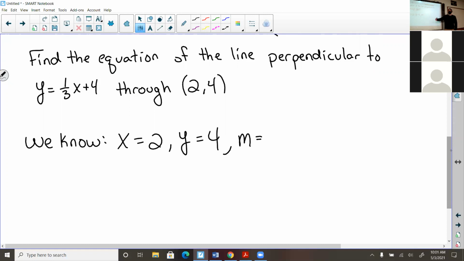So 1/3 was positive, so its opposite would be negative. And the reciprocal of 1/3, if we flip that fraction, would be 3/1, or just simply 3. So the perpendicular slope to the line y equals 1/3 x plus 4 would be -3.